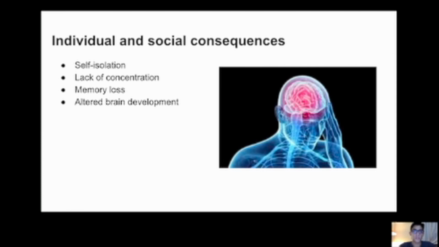Some of the individual and social consequences of cannabis consumption may be self-isolation, lack of concentration, memory loss, and altered brain development. As you can see, it mainly affects our brain and our nervous system because the neurotransmitters that are released by CBD and THC have a negative effect on our brains in the long term and in the short term.